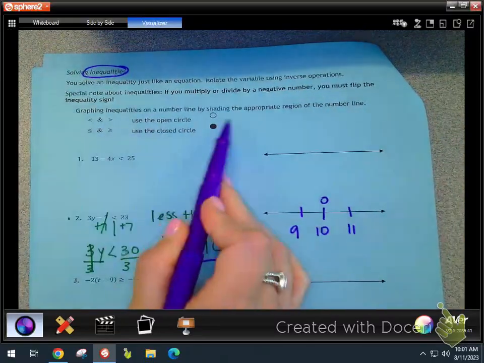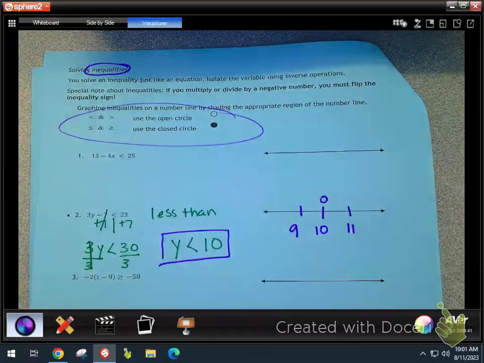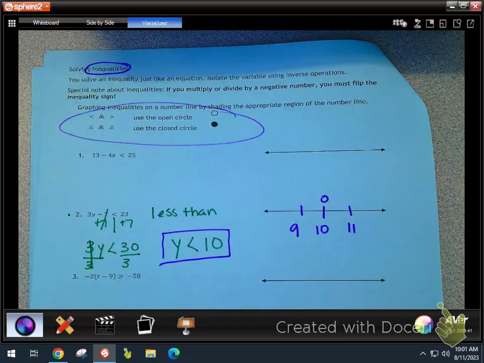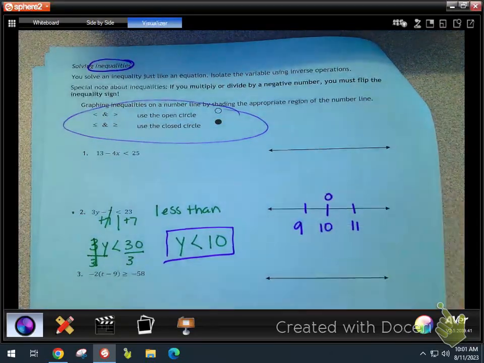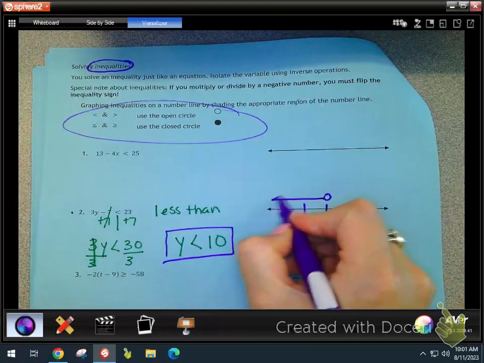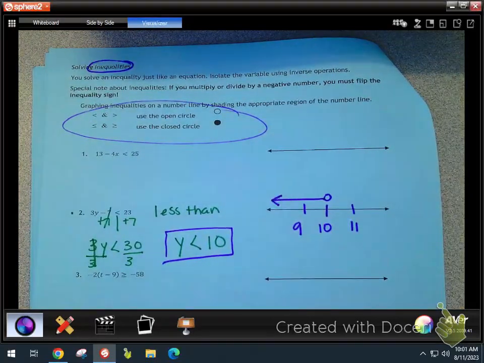Y'all see right here, where we said if you got a less than or a greater than, you put an open circle. That means that number is not in the solution set. It's just your starting point. So we can't fill it in because it doesn't actually work. And which way represents the numbers less than 10? Left or right? Left. Less than, go to the left. Numbers less than 10 go this way.